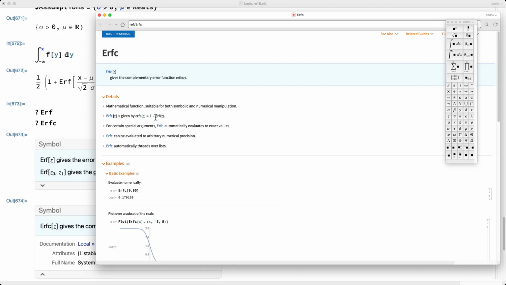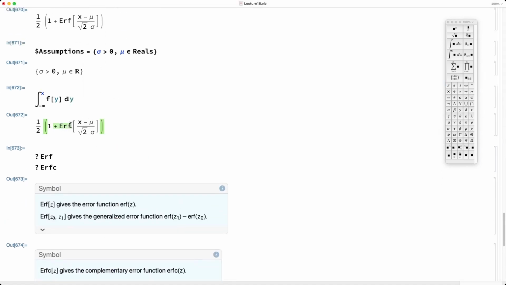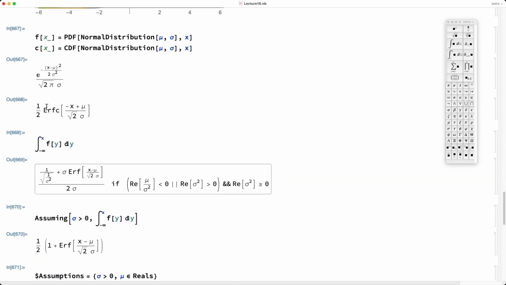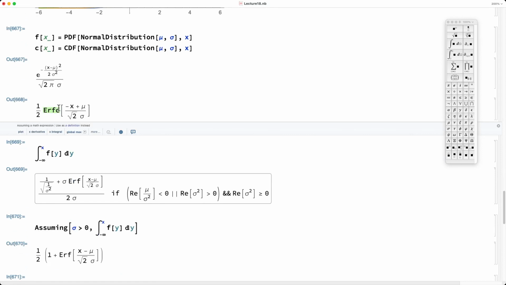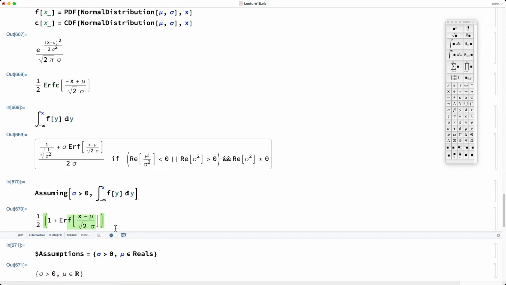So the complementary error function is 1 minus the error function. So if we replace Erfc by 1 minus the error function, we will get this result.